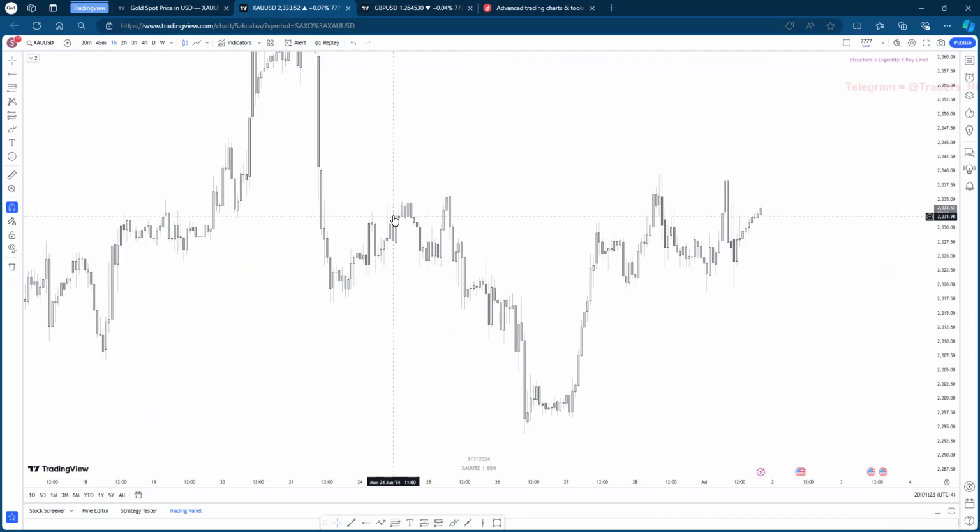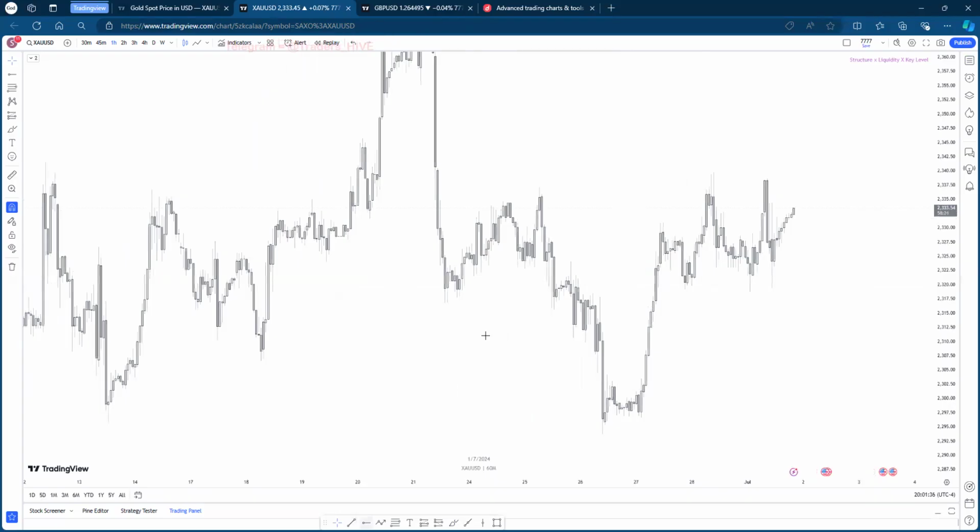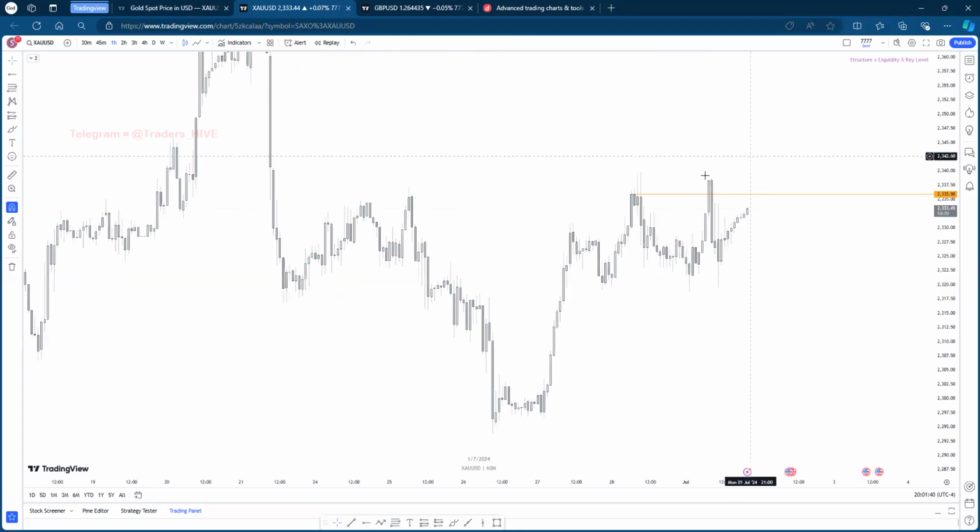So I entered at the lower one and then put my stop loss above the higher key level, the actual A-shaped key level. Is it for this sell? This sell, yes. Okay, so you can see that price came close to that high. This one, yeah? Yes, that one.